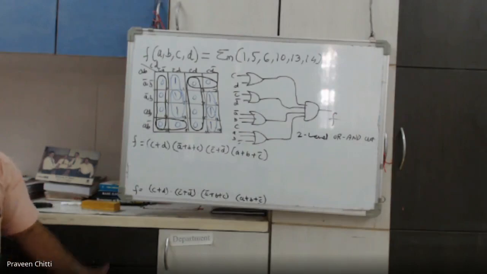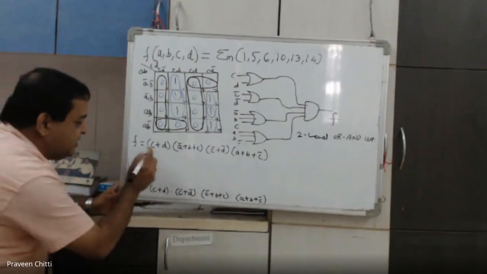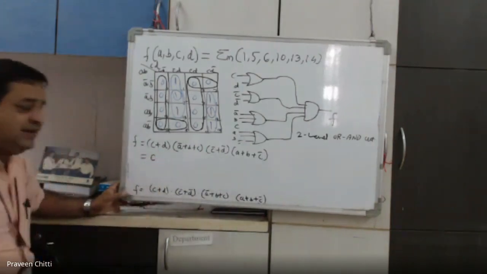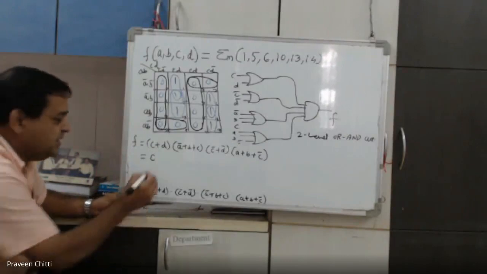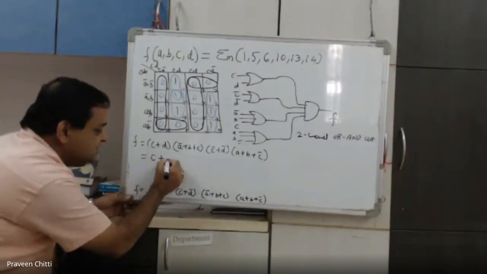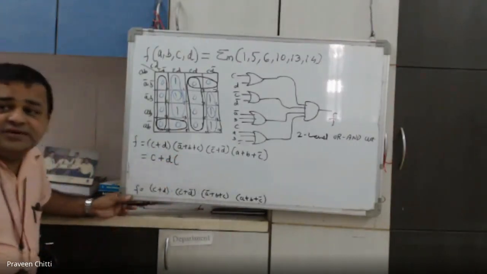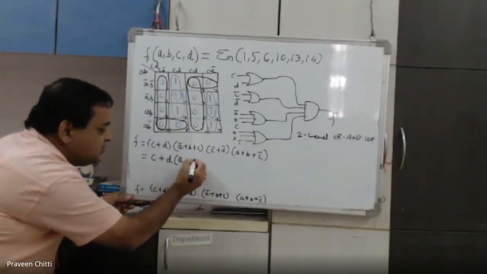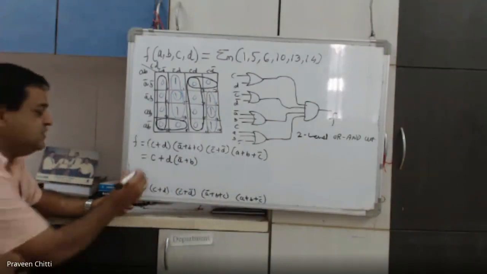Once you club those two, I write C is here also. So I write C plus D into A bar plus B. This is the first term.